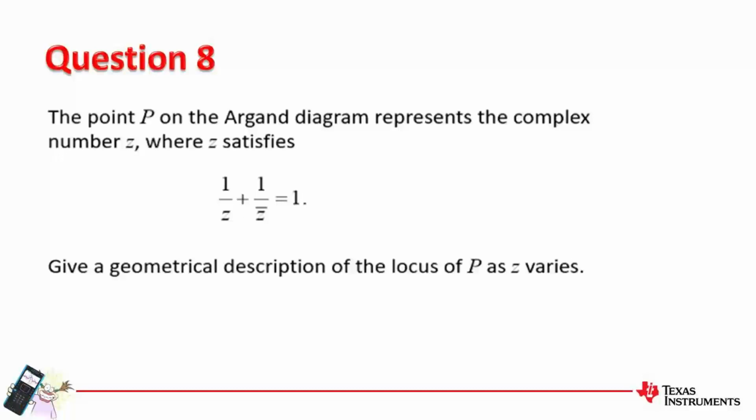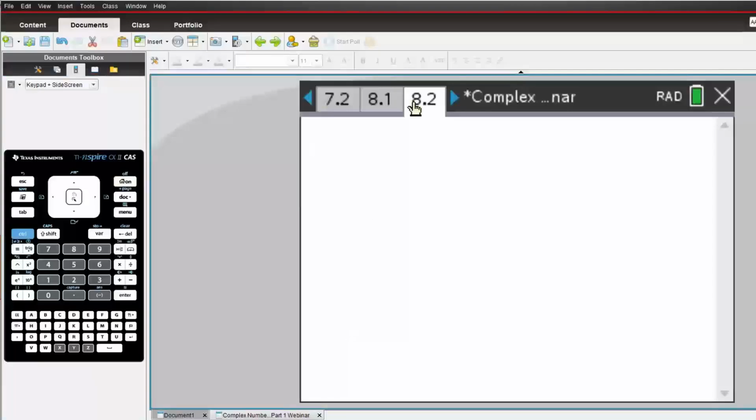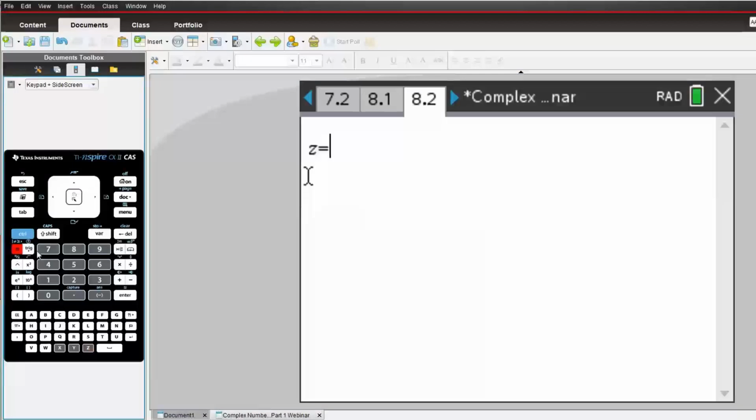So we'll start with the calculator screen again, and because I have different problems, I will define z again as x plus y multiplied times i.